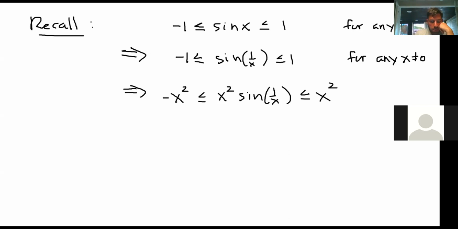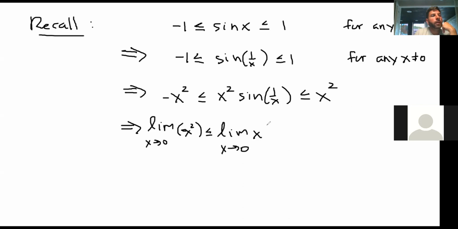And so the squeeze theorem says I can take the limit of all three pieces. When I take the limit of all three pieces, we get a very useful fact, because the limit of the guy on the left and the right are both 0.